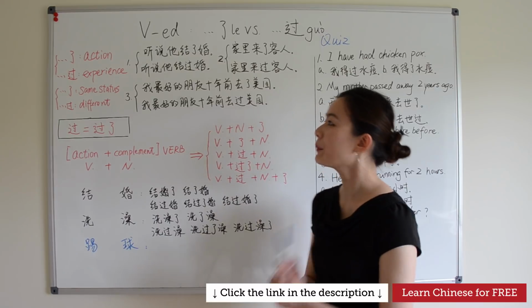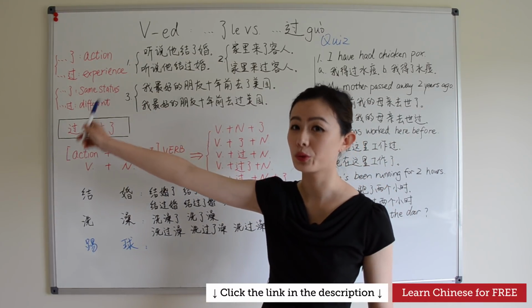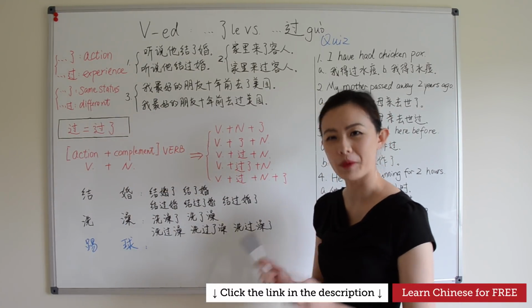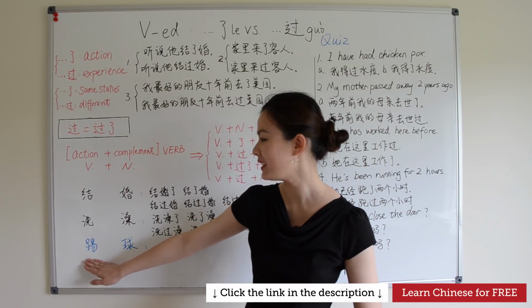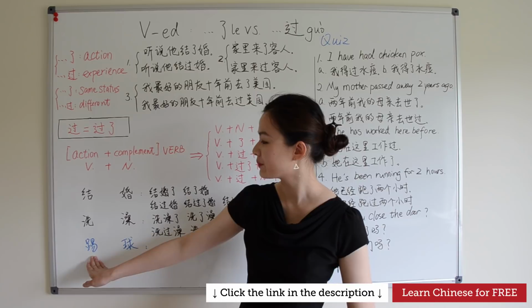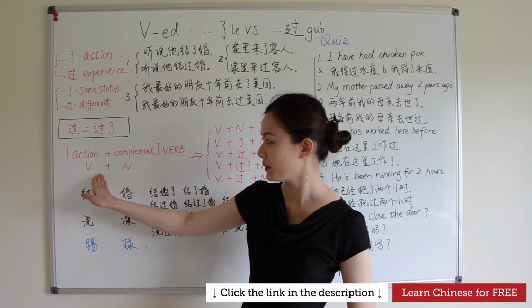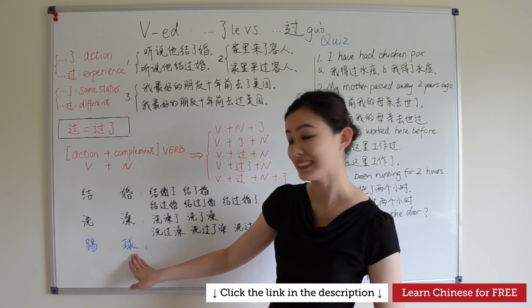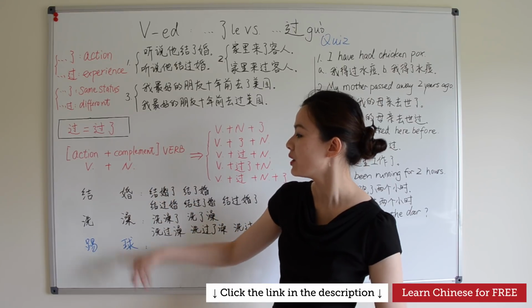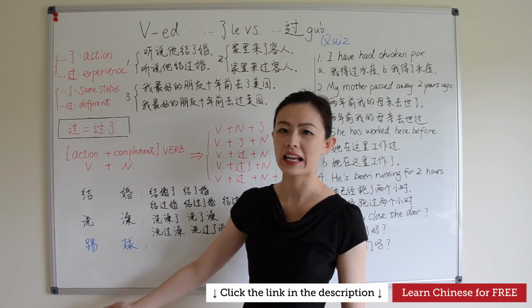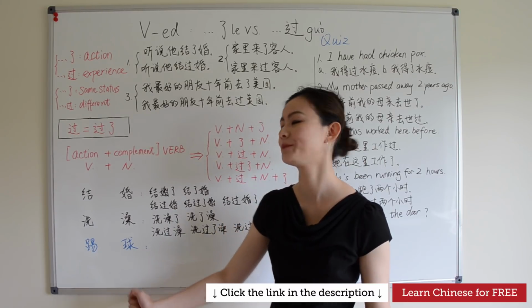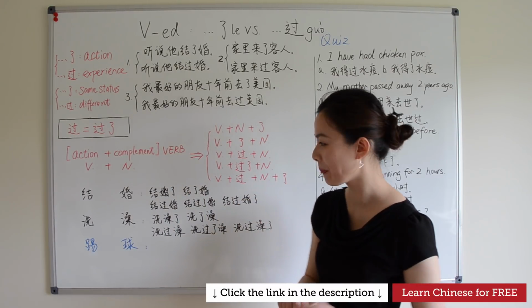But this is still the general rule. We should remember that. So let's try it. This word, 踢球. 踢 is the verb, and 球 is the noun, the complement here. So how do you say kicked the ball or has kicked the ball in Chinese? Let's try it together.